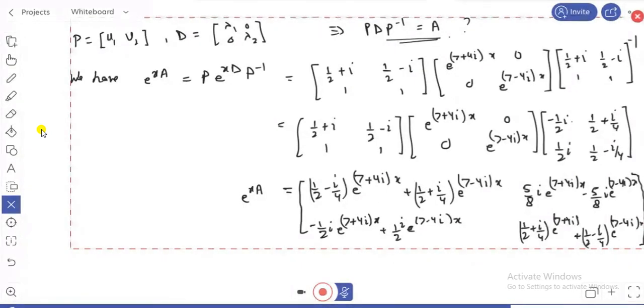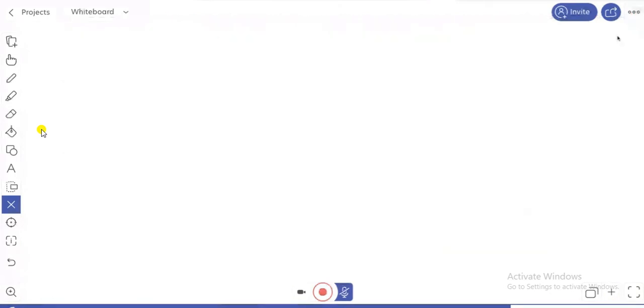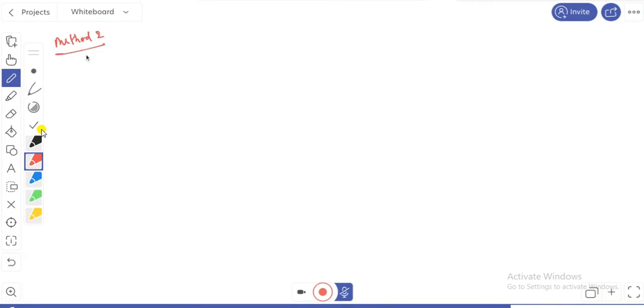Okay, so in the second method, if you use method 2, which is if you're using the fundamental solution.